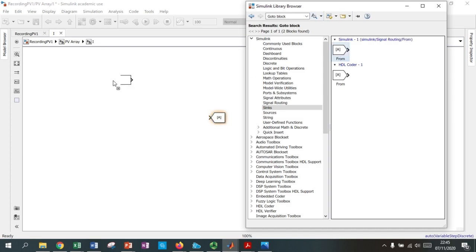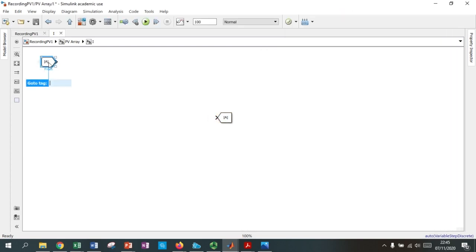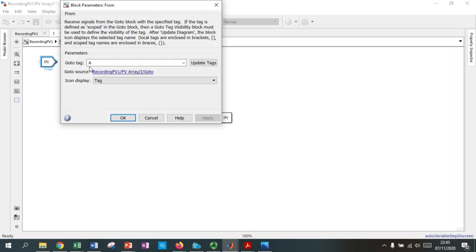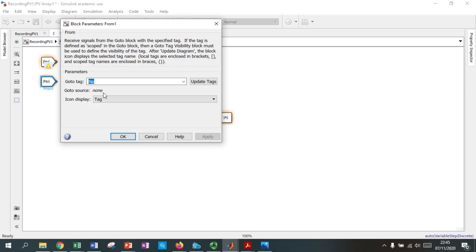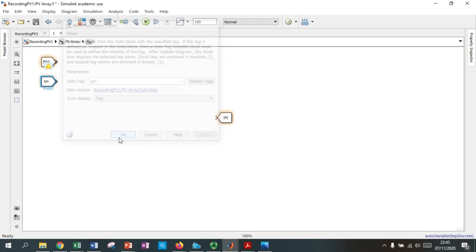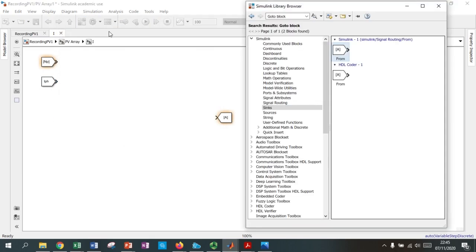In the Go To block we are using one. This is the NP. And the other one is IPH. Then we multiply them together by using the product.